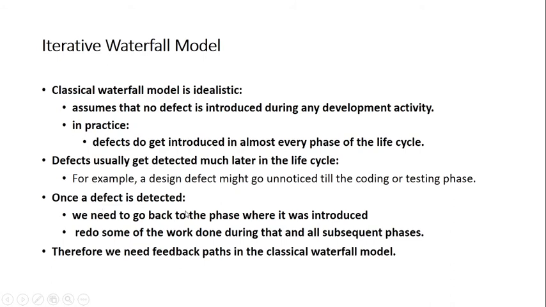Once a defect is detected, we need to go back to the phase where it was introduced and redo some of the work. That means we have to rework the work done during that phase and all the subsequent phases. Now say, let's assume we have an error which was introduced in the requirements, and we identified that error in the testing phase. So you need to go back to the requirement phase and make the correction.